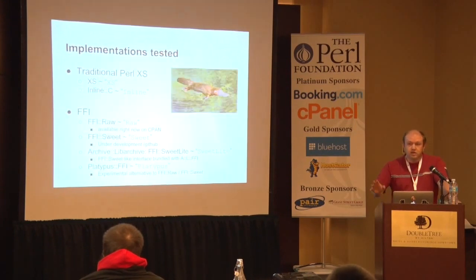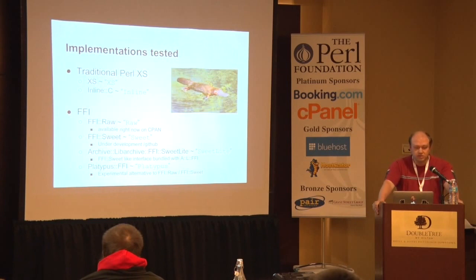So I made these optimizations to Platypus. I also tried some other interfaces just to compare and contrast. I tried two traditional interfaces, XS and Inline C. FFI raw is the one that's available on CPAN right now today; you can write modules with it.